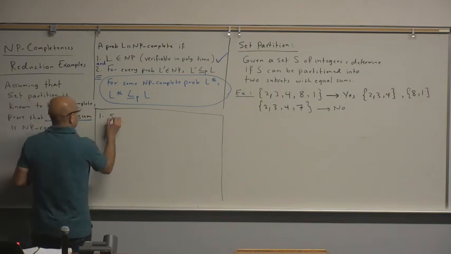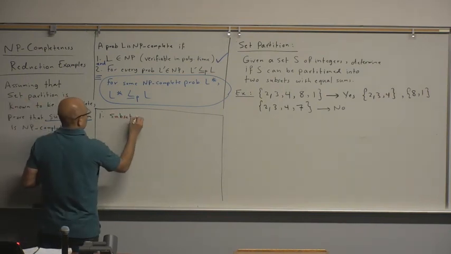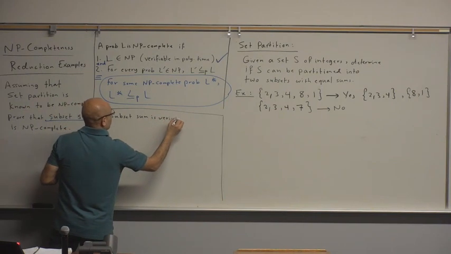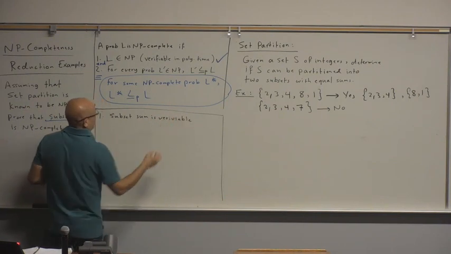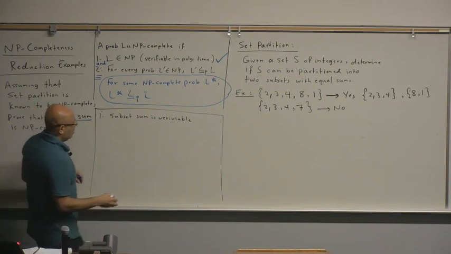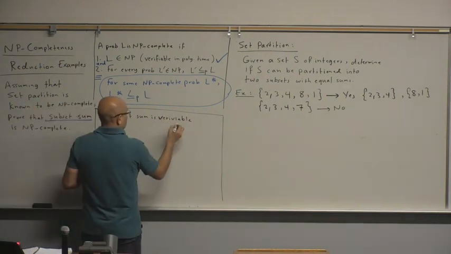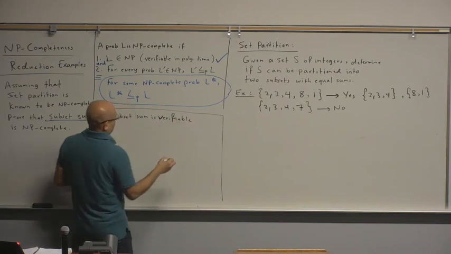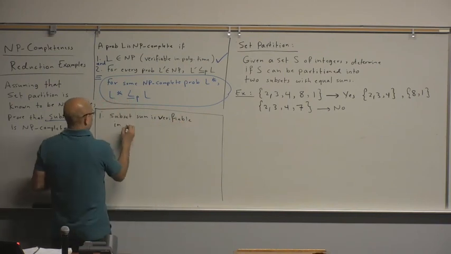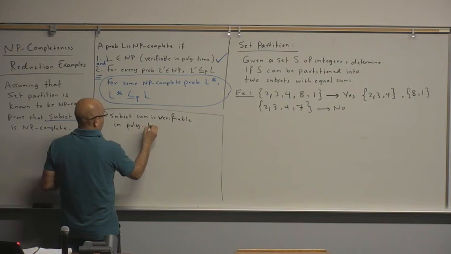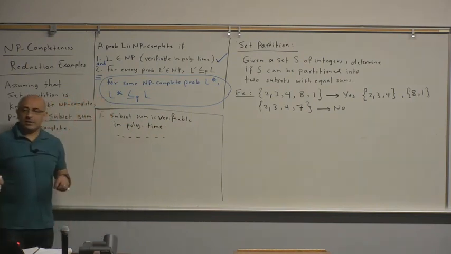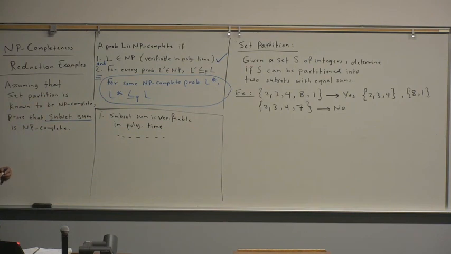So subset sum is verifiable in polynomial time.